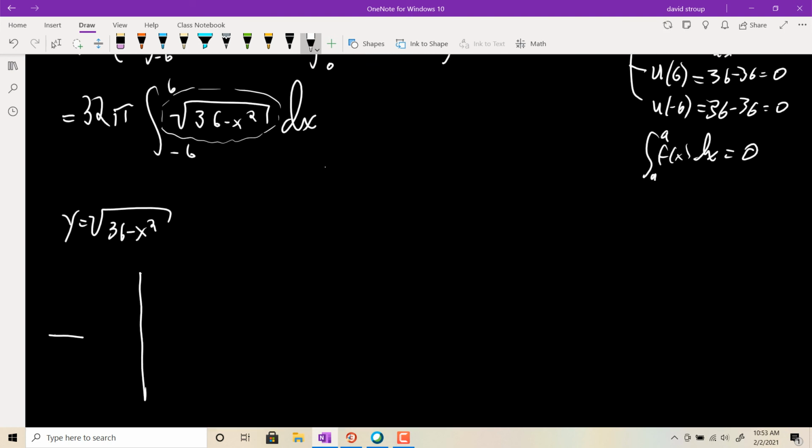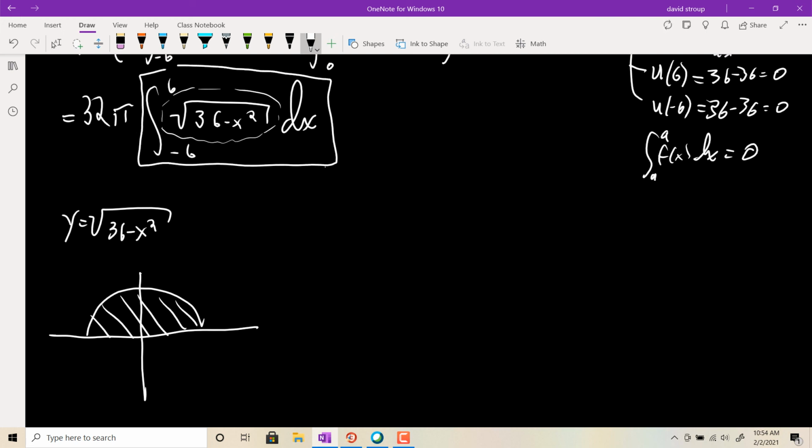So if you draw the picture, the integral from -6 to 6 of square root 36 minus x squared is the area of 1/2 of a circle with radius 6. So this integral represents this area. What is that area?